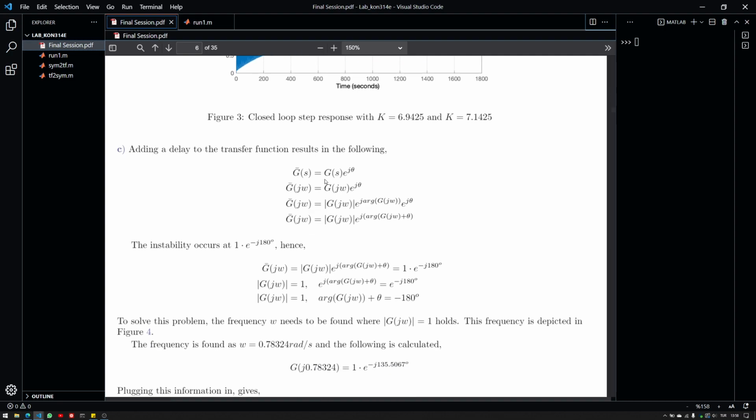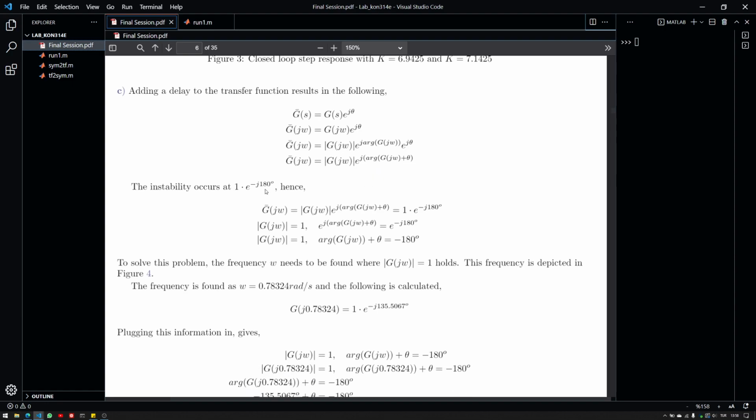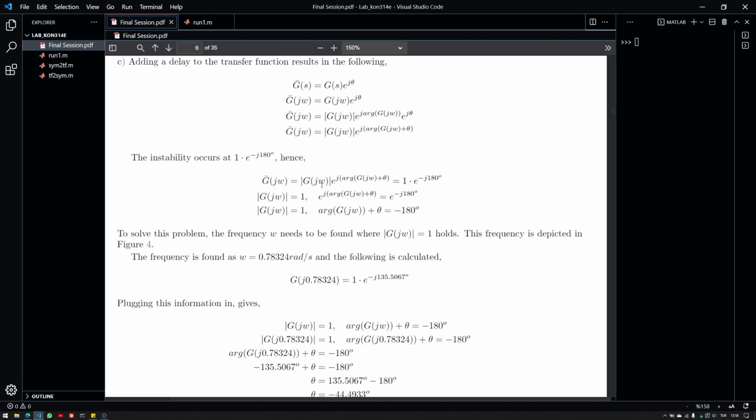Now, in order to determine the amount of delay that can be added to the system transfer function, we have added e to the power of minus j theta, and then examined this one. The absolute value is equal to 1, so we got rid of that, and then we have this expression, which gives us basically these results here. So the argument should be equal to 1.